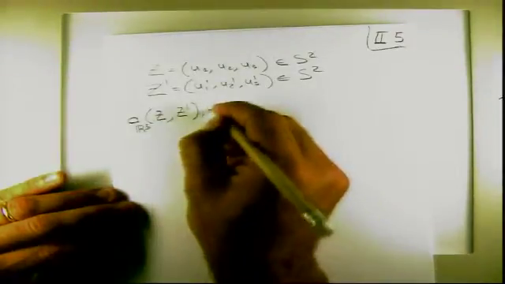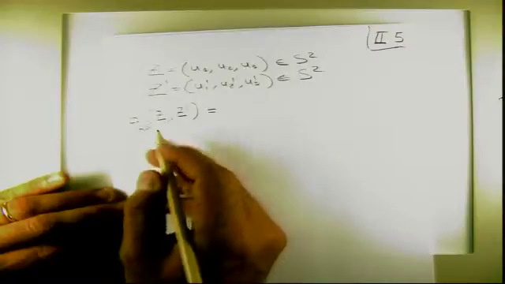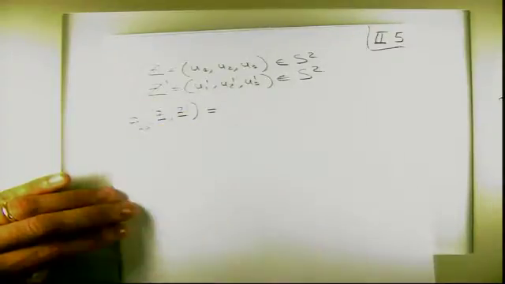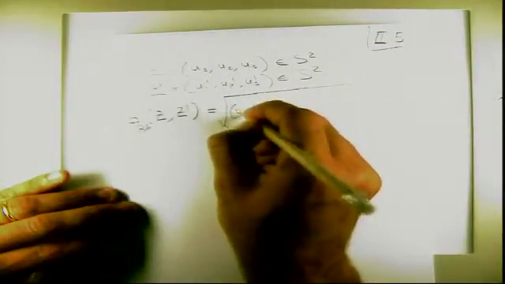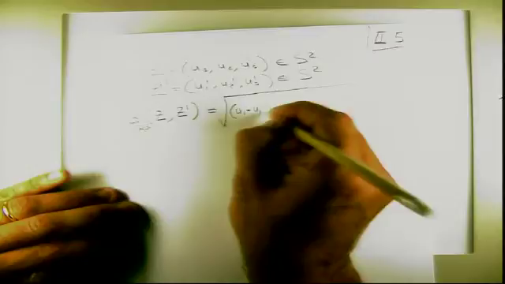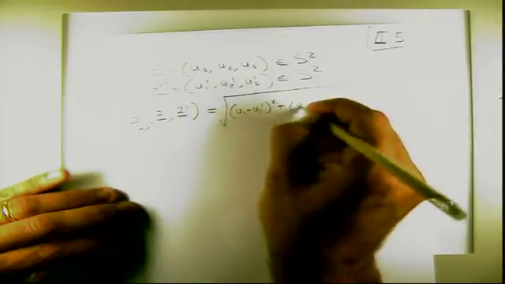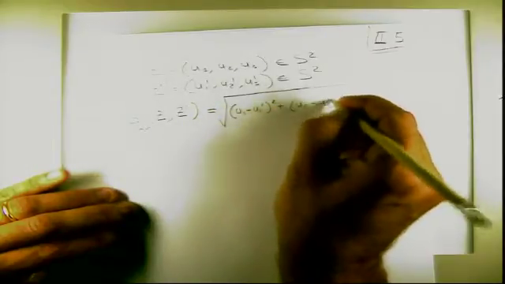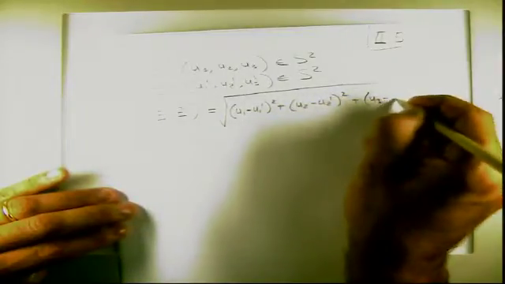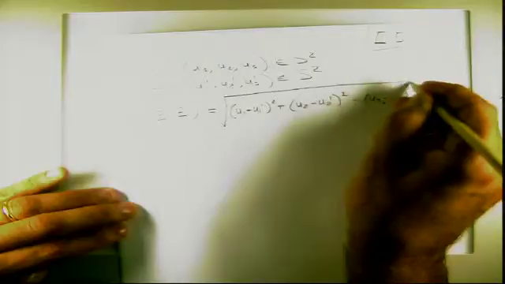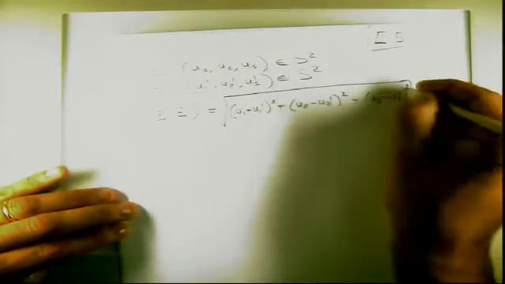And the distance is the Euclidean distance, okay? With this symbol, I say I'm using the Euclidean distance, which is the square root of (u1 minus u1 prime) squared plus (u2 minus u2 prime) squared plus (u3 minus u3 prime) squared. Euclidean distance.